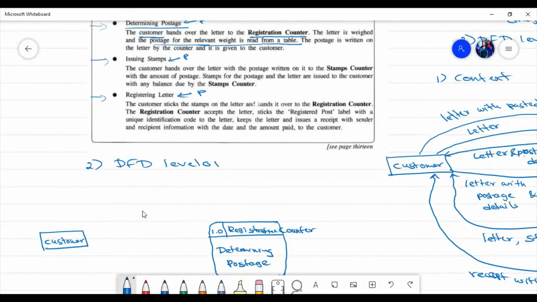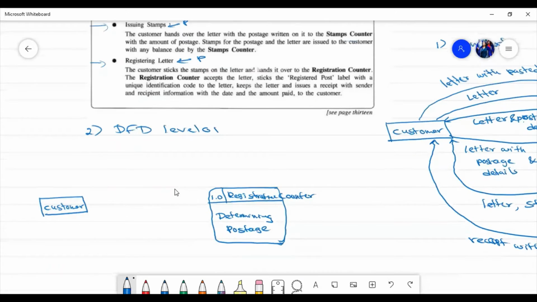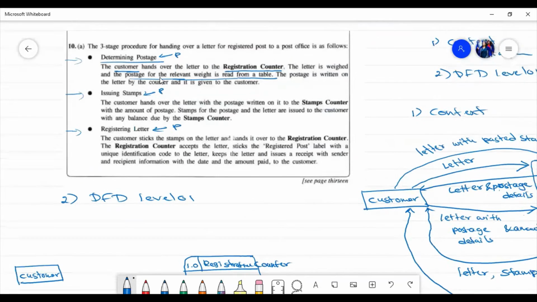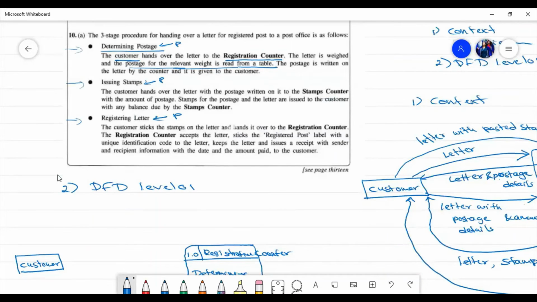Sometimes yes, but always it is not. It is just for identification purposes. In this case yes, that is the order, but don't rely on the numbers. Then it says the customer hands over the letter to the registration counter.